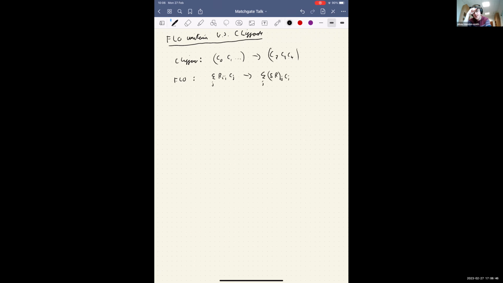So it maps sums of guys to sums of guys, but essentially you don't get any products, if this makes sense. So if you think about the algebra generated by the Paulis, or the algebra generated by these C's, Cliffords map weight one guys to weight one guys in terms of products, and FLO guys map weight one guys to weight one guys in terms of sums, right? An FLO guy can't make you more complicated in terms of sums, and a Clifford can't make you more complicated in terms of products, if this makes sense.